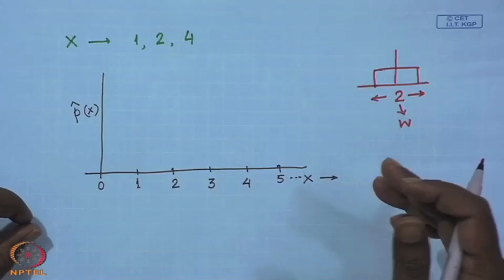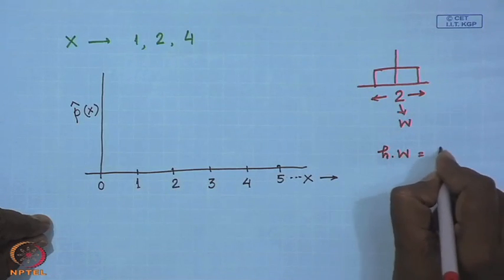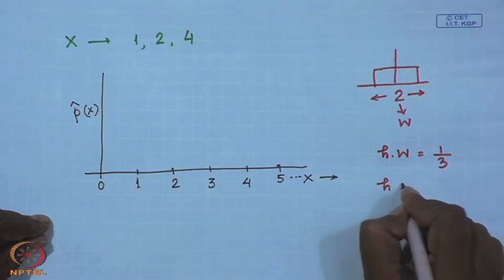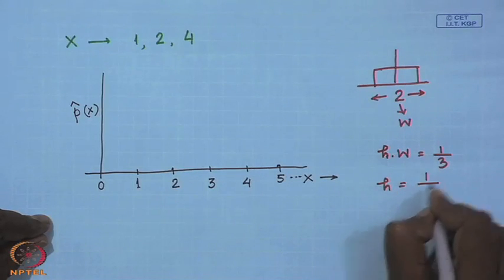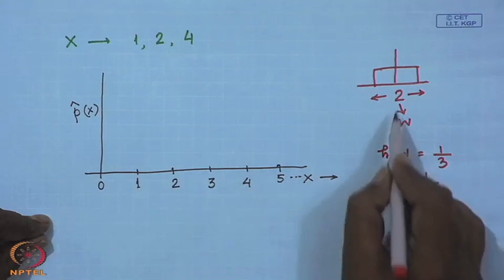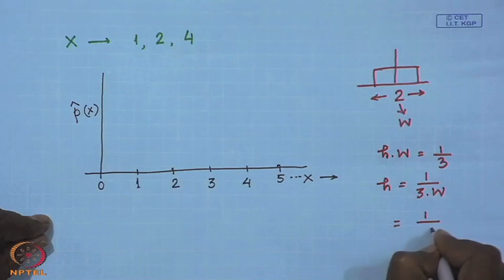So, accordingly I have to compute the height of this rectangular window. So, the height h times W has to be 1/3. So, height has to be 1/3 times W, and in this case W is equal to 2. So, this will be 1/6.